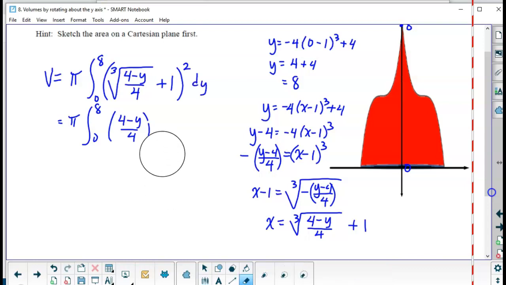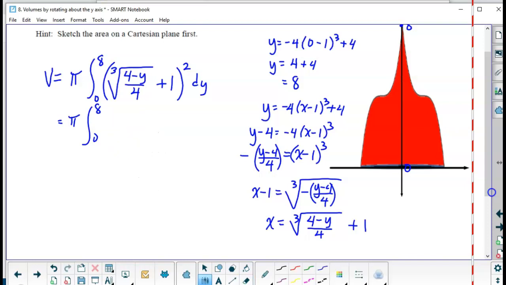Okay, so now expand out the brackets, so square everything, and then I'm going to use brackets instead of radical sign. So when I square the cubed root, I get 4 minus y over 4 to the 2/3.